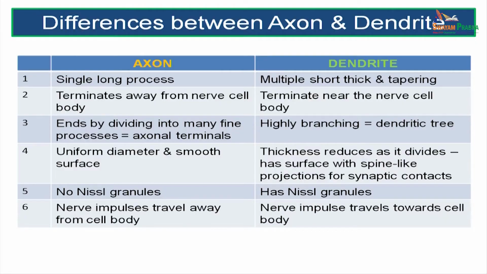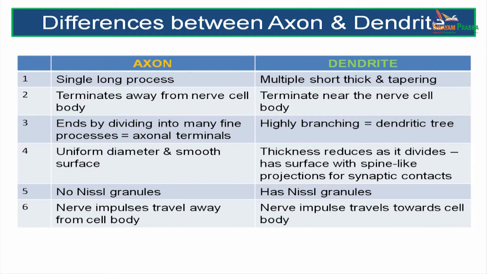Let's summarize some differences between the axon and the dendrite. The axon is made up of a single long process, whereas dendrites are multiple, short, thick and tapering. An axon terminates away from the cell body, whereas a dendrite terminates towards the cell body. An axon ends by dividing into axonal terminals.